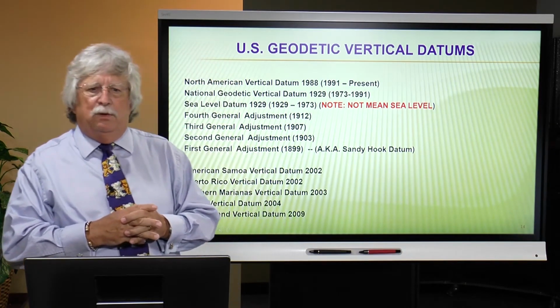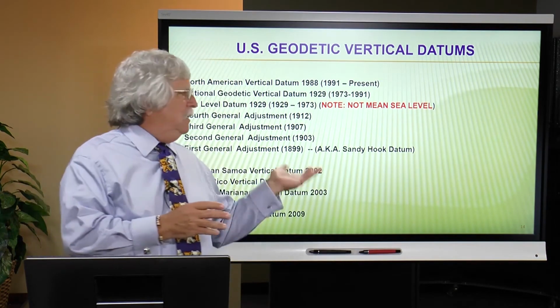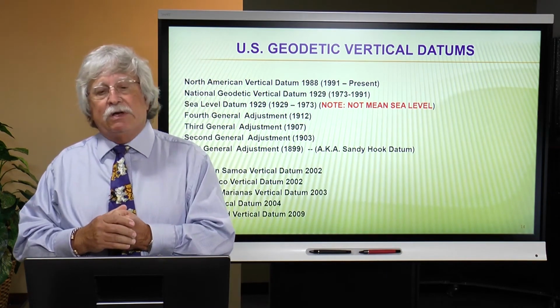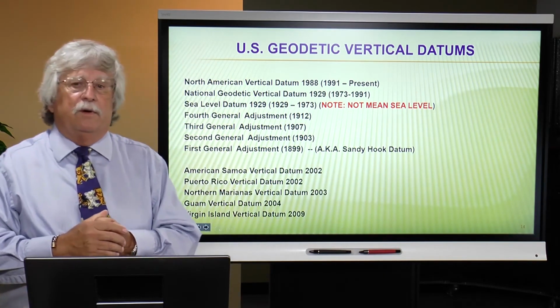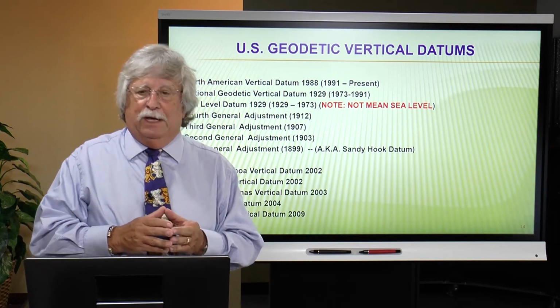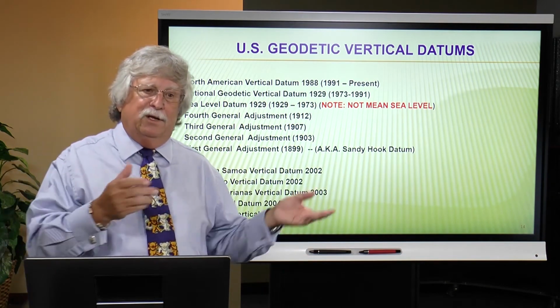The island communities, in most cases, had very, very poor leveling. So you're going to see here in this list, most of the vertical datums in the island communities are quite new. They're fairly contemporaneous. So unfortunately, you cannot level from Florida to Puerto Rico or from California to Hawaii.